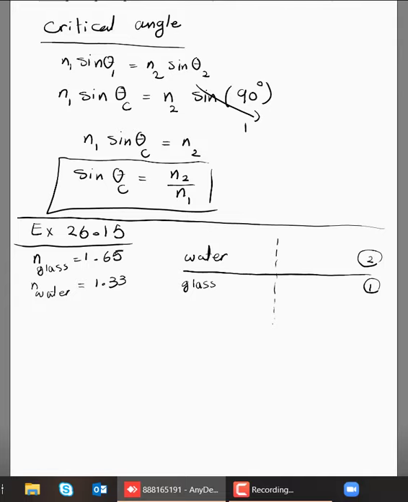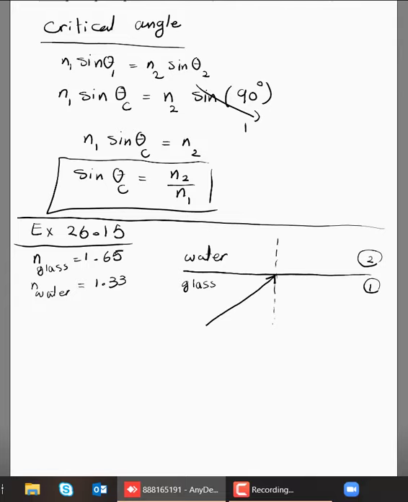All right, now let me just go ahead and draw this picture for you. Okay, so I have two media here, glass and water. Glass is my medium 1, water is number 2. And we need to remember that total reflection happens when light goes from a more dense medium to a less dense medium. Here I just choose a beam of light.